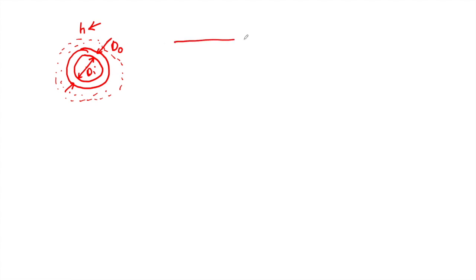If we draw it from the side view, in the previous chapter we were concerned more with the external flow of fluids over the tubes. Now, in this chapter, we are focusing on the fluid inside the tubes or the cylinder.